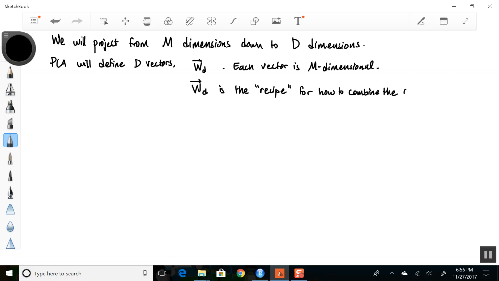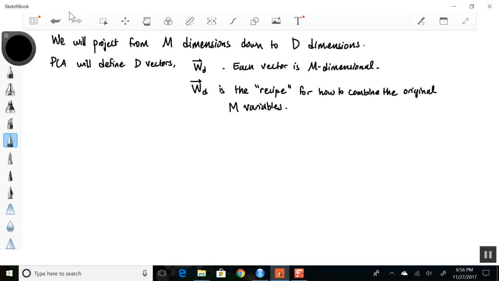So if we're taking 10 dimensions and we're going to project it down to 2 dimensions, we will end up with 2 W vectors, and each W vector is how we should combine the original 10.